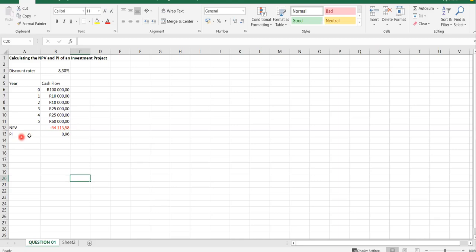If you get a PI which is less than 1, it shows that we have got a bad investment. So that is the case that we have here. We've got a bad investment because it doesn't pass these 2 criteria. Right. So if you answered part B, then you get 1 mark for that.